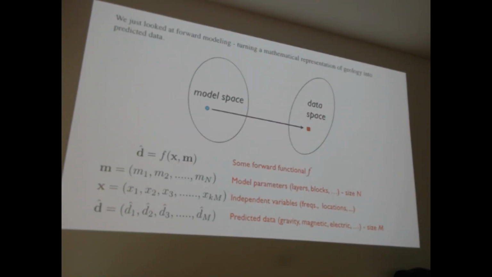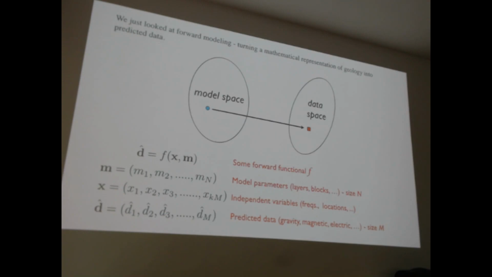So what we've just talked about is forward modeling, where you have some model parameters, conductivities of your layers or your blocks or your voxels, some information about frequencies and locations where you collect the data, and some mathematical function which may in fact be a big finite element problem in itself that takes all these conductivities and maps them into predicted data.